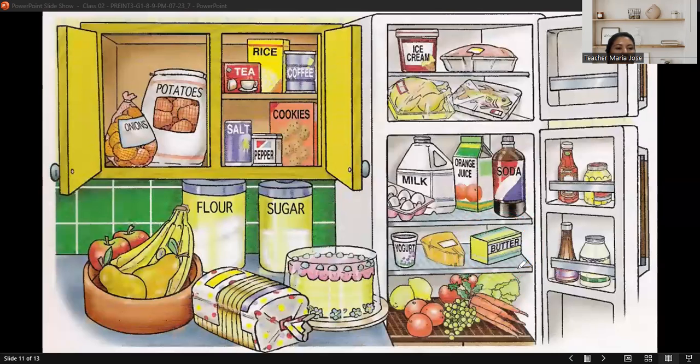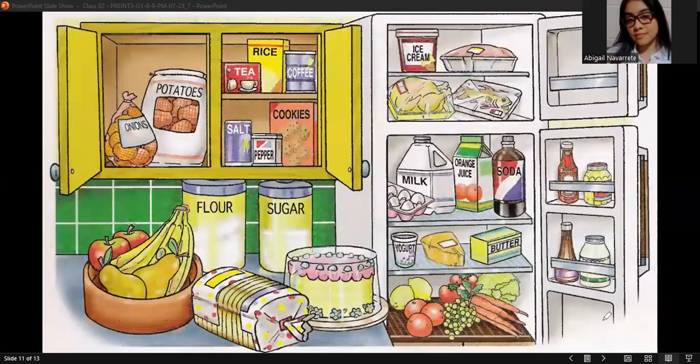Very good. Now, Abigail, ask one question to Maria Jose. There are apples. Question. Oh, how many are there apples? Again, how many? How many?